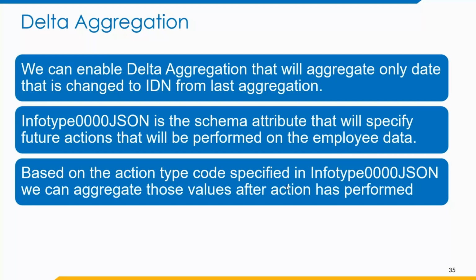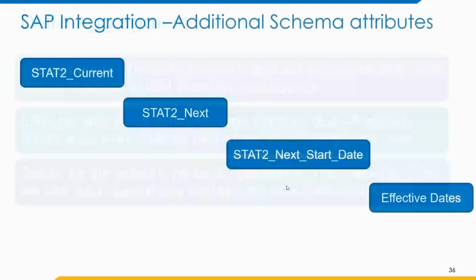Each and every piece of data that is going to change will have an action type, and based on the action type we can aggregate those values to IdentityNow. We will see this in the practical demonstration when we showcase the infotype 0000 JSON.